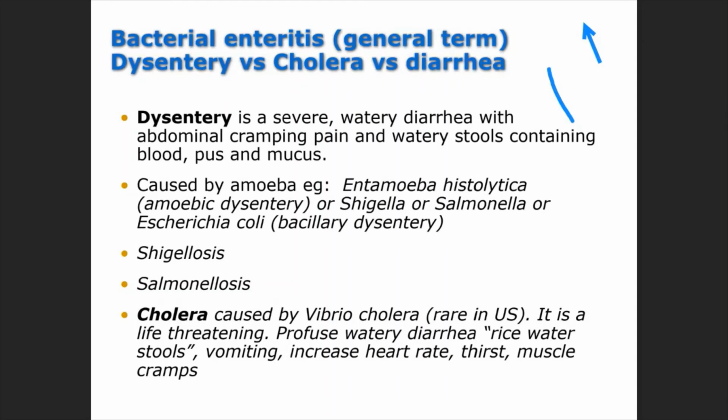Cholera is caused by a completely different bacteria known as Vibrio cholerae. I told you that Vibrio is a very fast replicating organism. In this case, it produces a toxin that stimulates the GI tract to produce a lot of water. This water is considered the rice water stool.